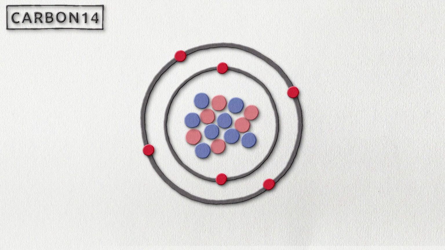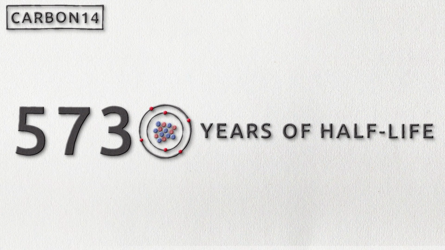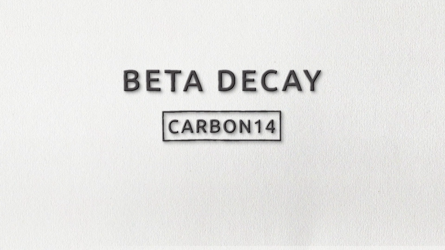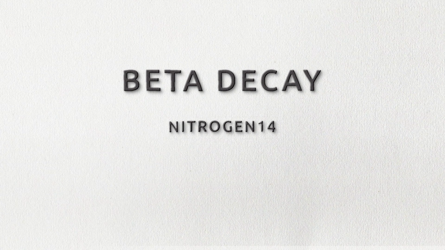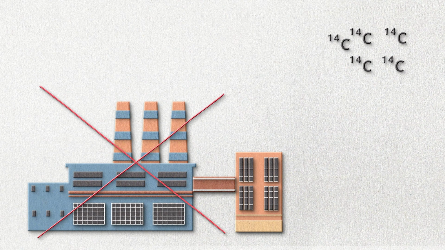Carbon-14 is an excellent element to use in carbon dating because its half-life is only about 5,730 years. And during beta decay, carbon-14 becomes nitrogen-14. When organisms die, they stop producing carbon-14. Since half-life is a constant, the ratio of carbon-14 to nitrogen-14 provides a measurement of the age of a sample.